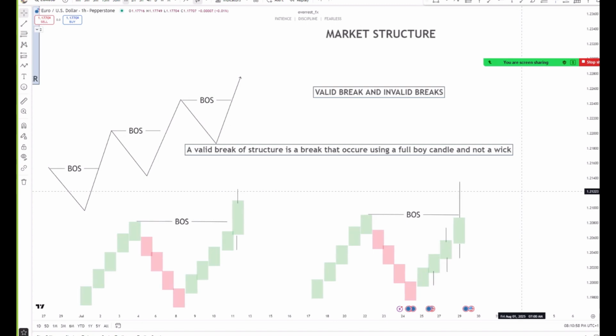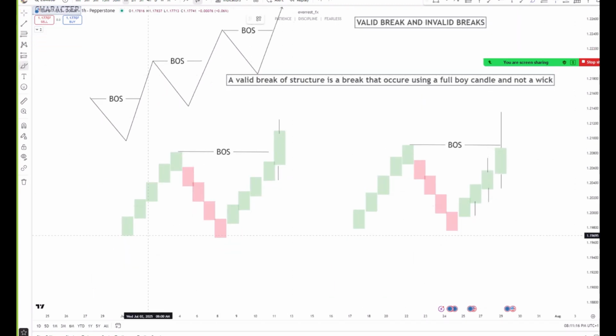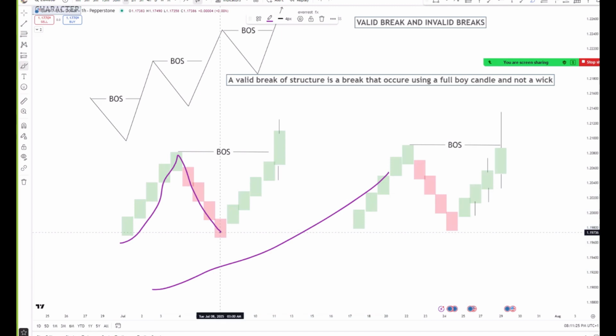In very simple terms, a valid break is a type of structure break that occurs using a full body candle and not a wick. Sometimes the market will come up like this and make a swing. Let's say the market is on an uptrend and you see something like this.